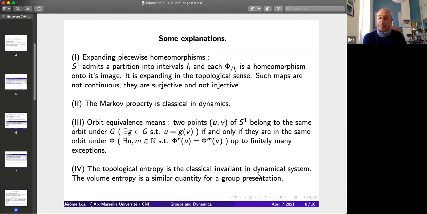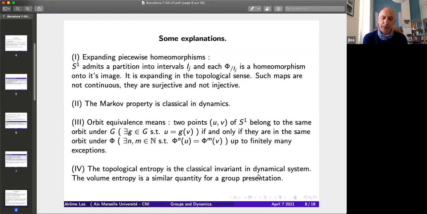Remember the map is not invertible, so we can only iterate in the positive direction. Which means that you have two positive integers, n and m, so that the nth iterate of u equals the mth iterate of v, and this is up to finitely many possible exceptions. I guess the topological entropy is also a classical invariant in dynamics, so I will not explain.